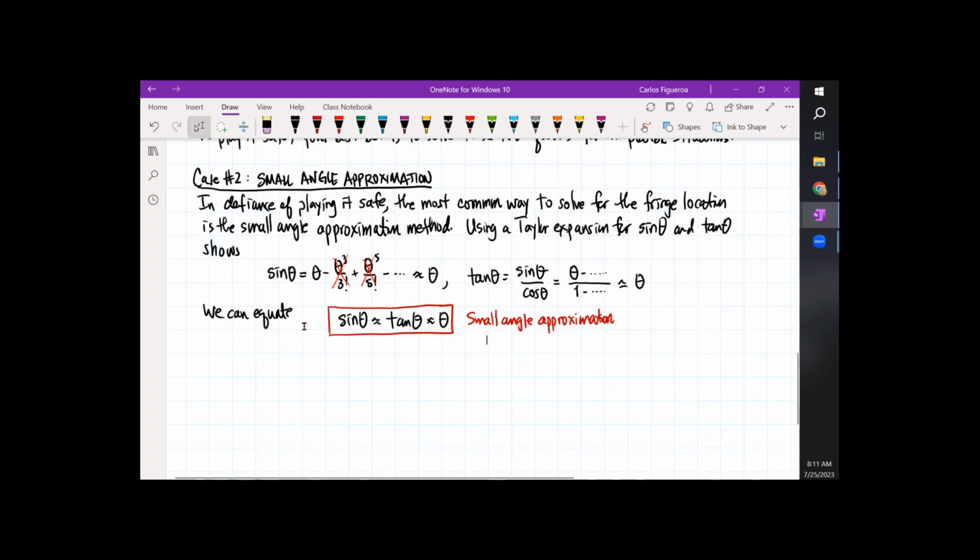So now this is going to really change the two interference equations.